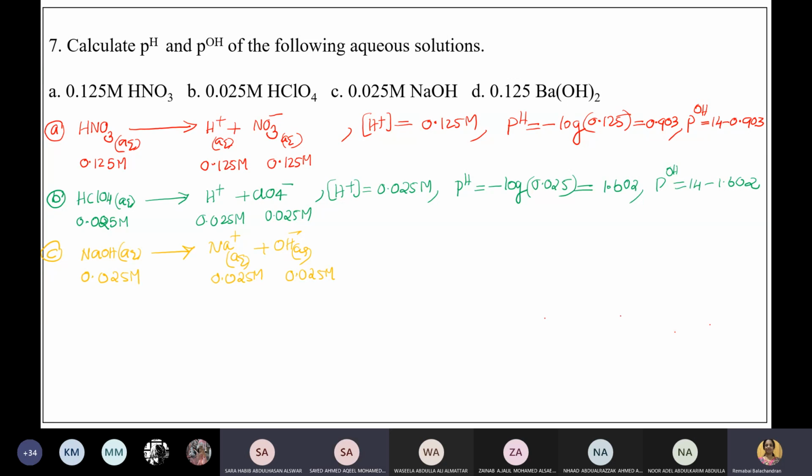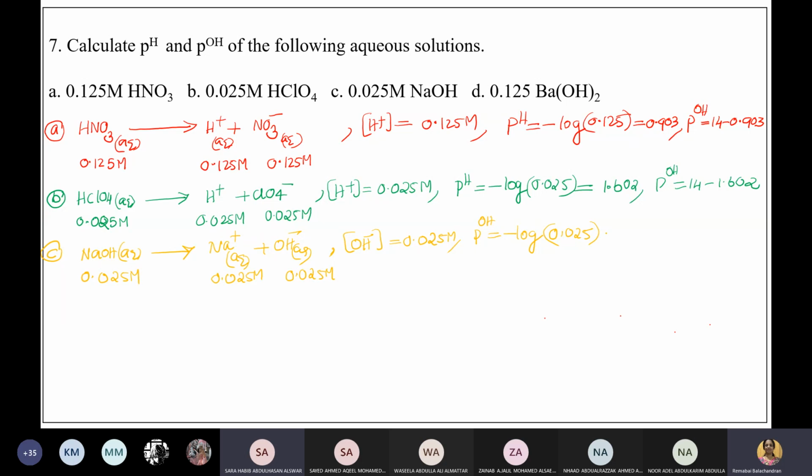Tell me. Concentration of OH minus. Yes, here H plus we don't have. Concentration of OH minus is equal to 0.025. So I can find pOH, which is minus log of 0.025 molar.